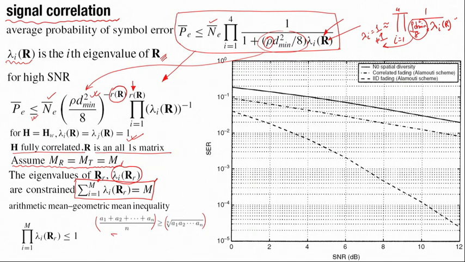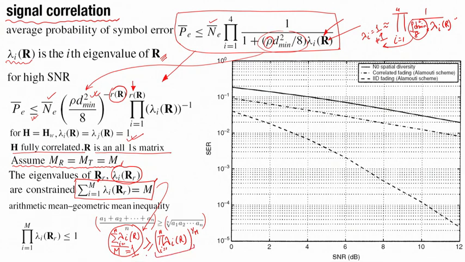So in this case, we have the sum of lambda I of R over M, I equals 1 to M, is greater than or equal to the product of lambda I, I equals 1 to M, raised to the power of 1 by M. From this, we find that this term is equal to 1, and hence the product of eigenvalues is less than or equal to 1.